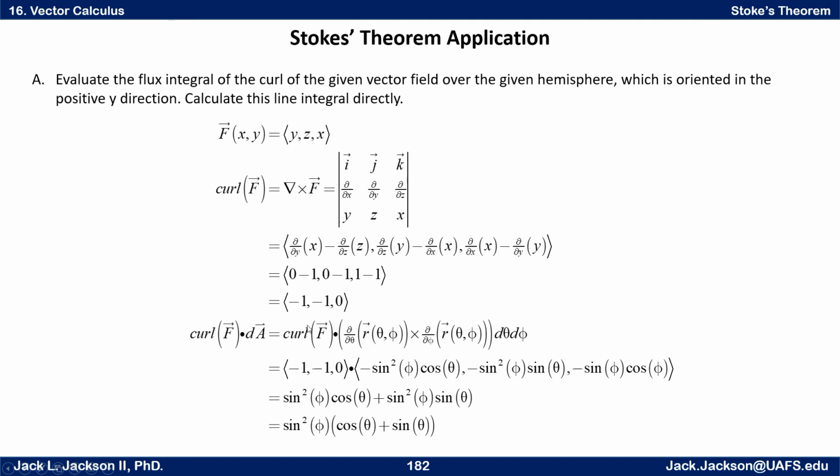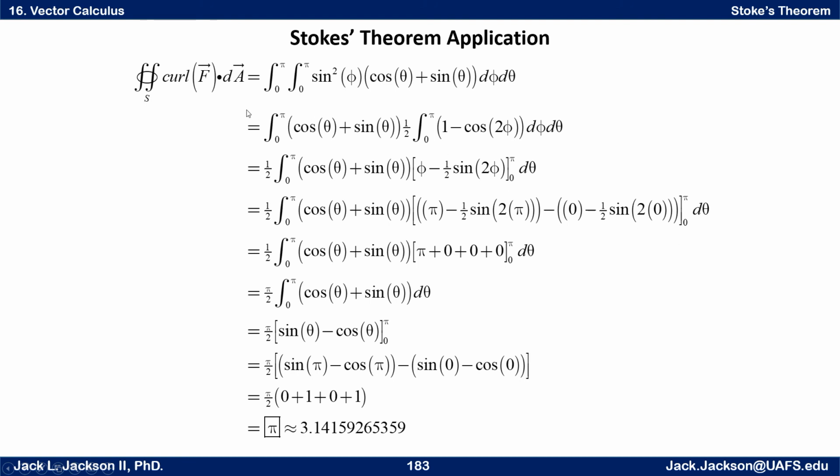Normally it's just F dot dA, but the F that we're integrating is the curl of that F. So multiply the first times first plus second times second plus third times third. 0 times the last part is 0, so that's not going to come into play. These two negatives multiply together to get positive sine squared phi cosine theta, and the negative here multiplies together to get sine squared phi sine theta. They both have a sine squared phi, so I factor that out, and it's sine squared phi times cosine theta plus sine theta.